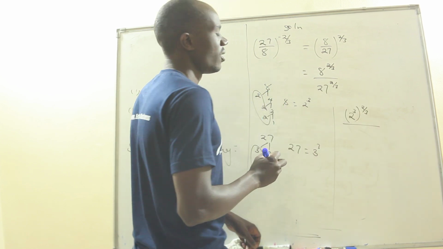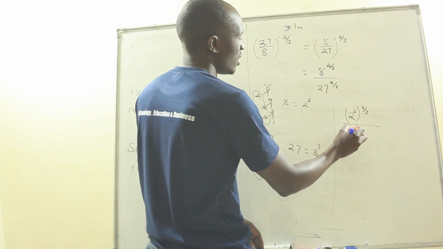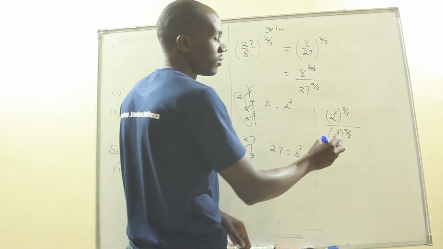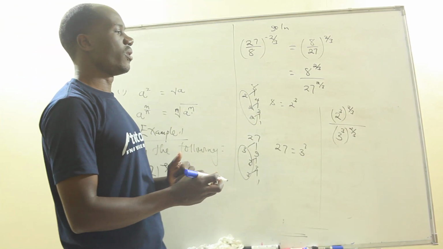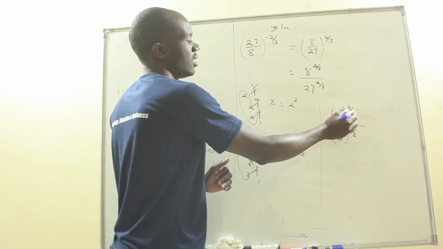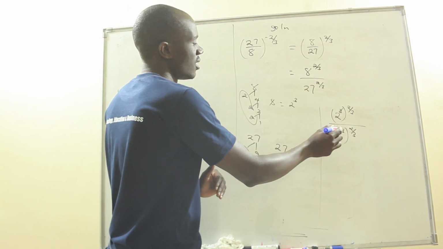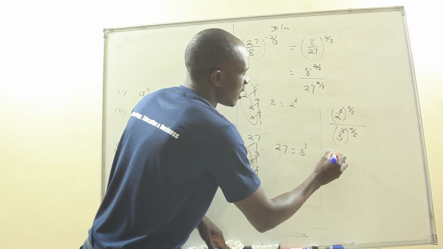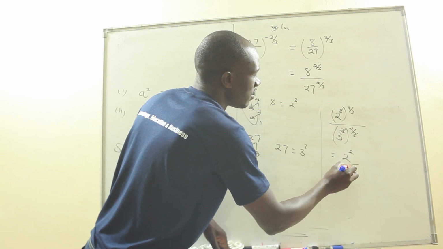All over, where you see 27, bring the breakdown, which is 3 power 3, power 2 out of 3. Then we try to reduce where possible. The 3 disappears with that one, and this one also disappears with that. What have I remained with? I've remained with 2 power 2 over 3 power 2.